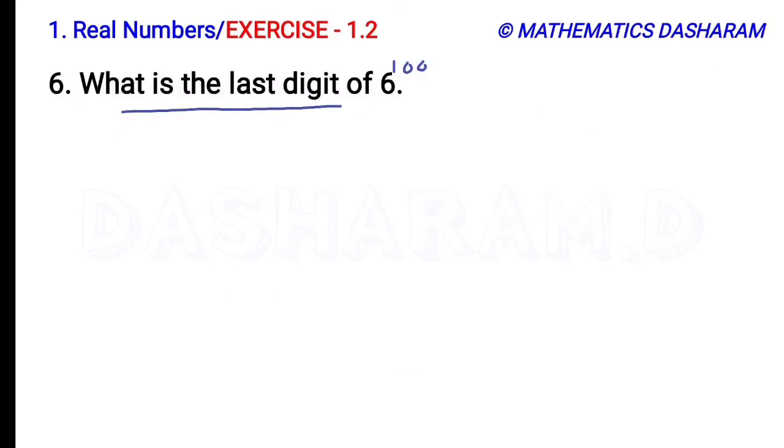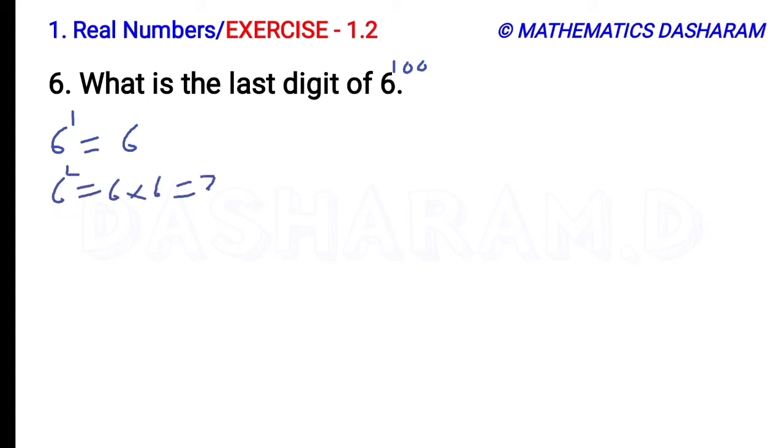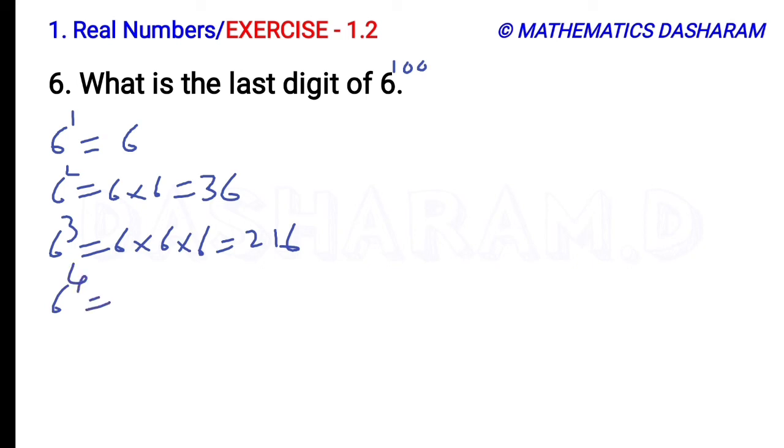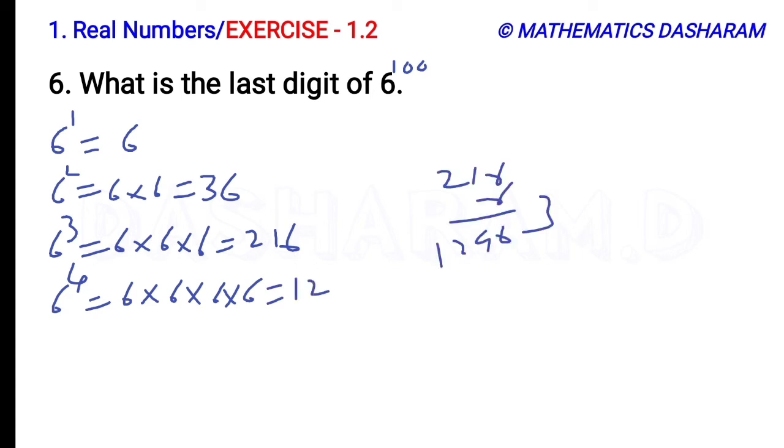What is the last digit of 6 to the power of 100? For example, 6 power 1, the answer is 6. 6 square, that means 6 into 6, is 36. 6 cube, 6 into 6 into 6, is 216. 6 to the power of 4 is 1296.